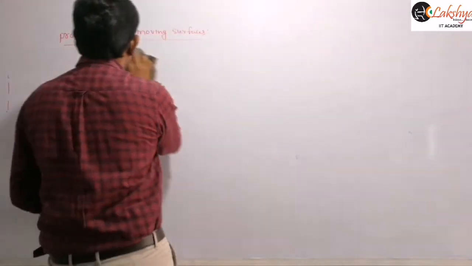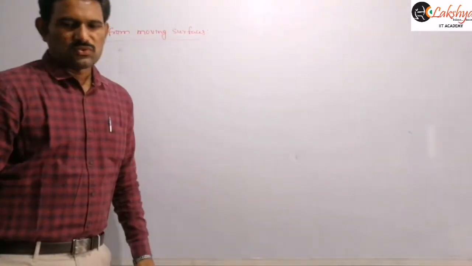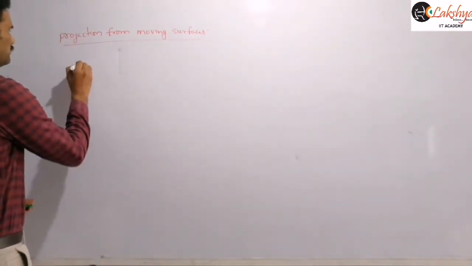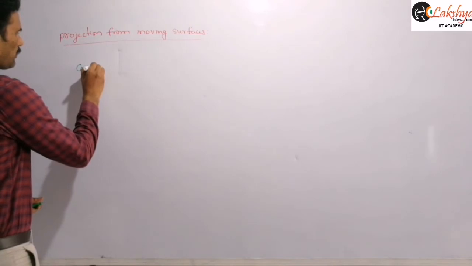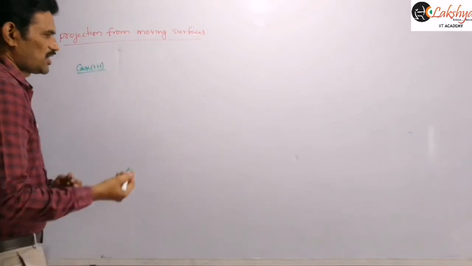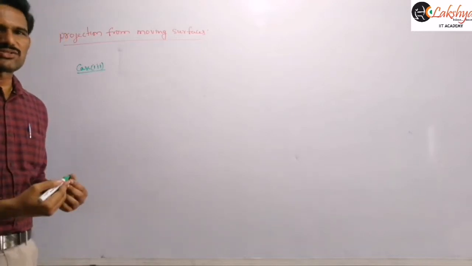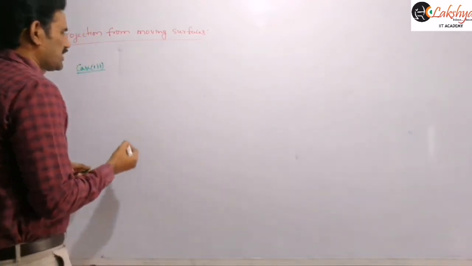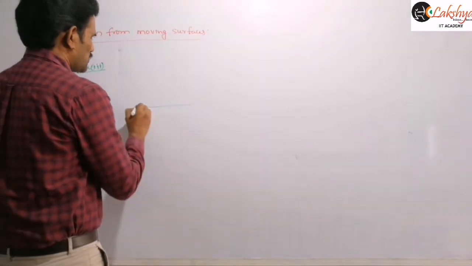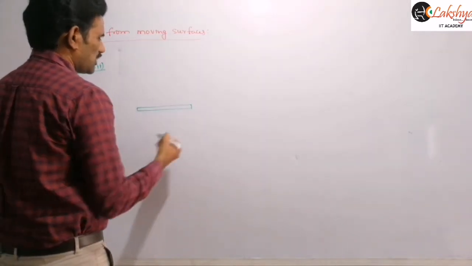And next, let us consider another case, when the platform is accelerating in the vertical direction, that means it is moving in the vertical direction, and we project an object there. Let us consider this is a platform like a lift.